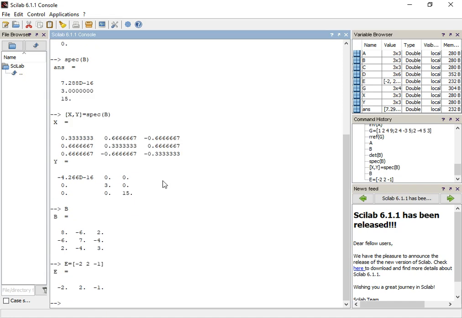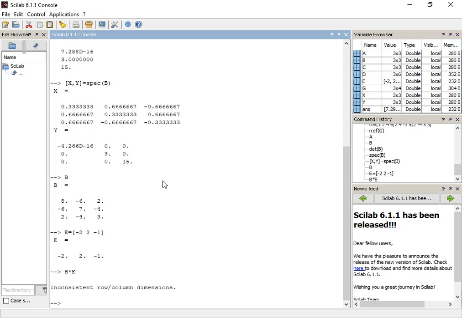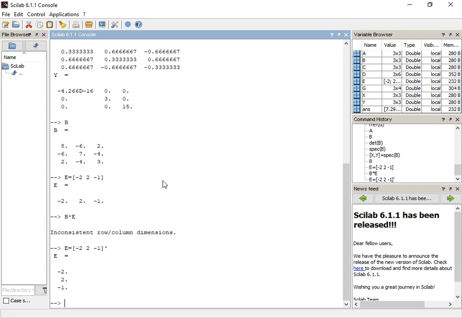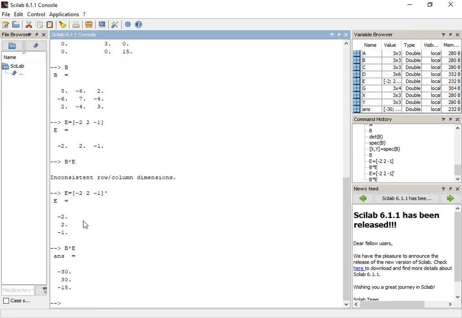Oh sorry, I have to write transpose. So B star E. See what happened: everything is multiplied by 15. So you know that this is the eigenvector for 15. This is multiplied with 15, so minus 30, this becomes 30, and minus 15 here.